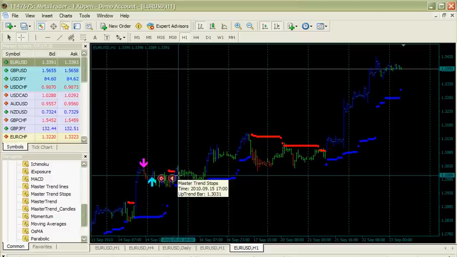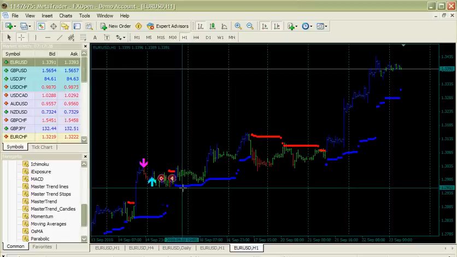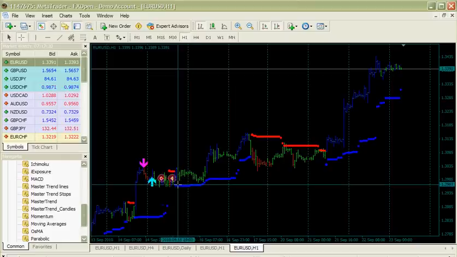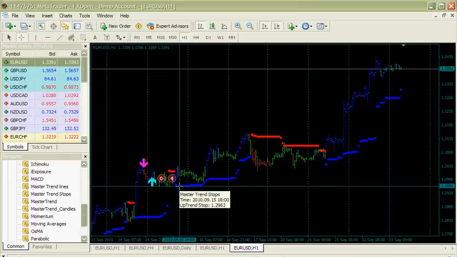So we can enter right here and put our stop loss about 40 pips below, about 10 pips below the blue dots. If we enter here, we had a nice move right afterwards, almost 150 pips in the next 24 hours, and that's what we're looking for.